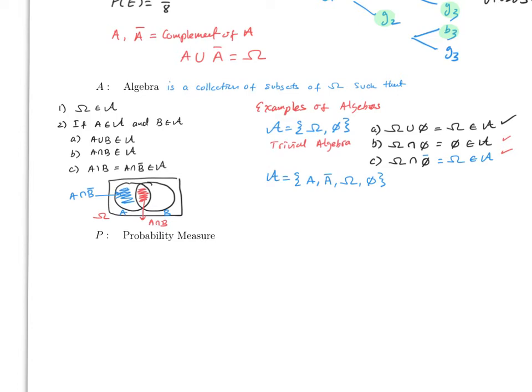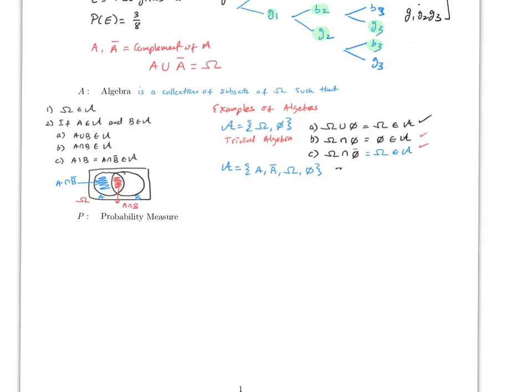This is the algebra and this is a set called A. Now this is probably one of the most important algebras we'll use, and this is usually called the algebra generated by the set A. So let's check the conditions.